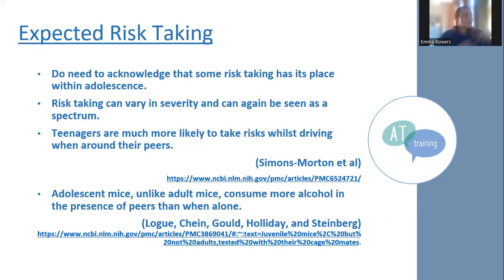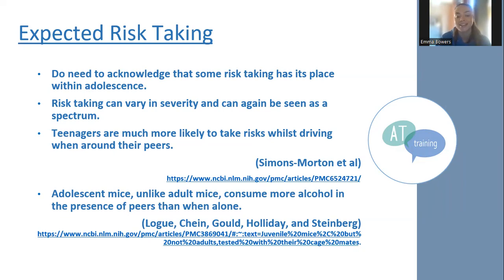So I've been talking a lot about expected behaviour and risk taking, and we do need to acknowledge that some risk taking has its place within adolescence, and much like behaviour, risk taking can vary in severity and can be seen on a spectrum.